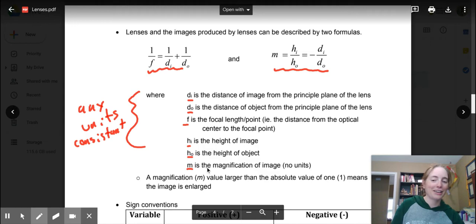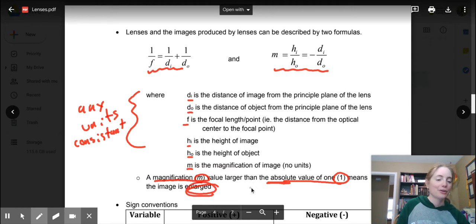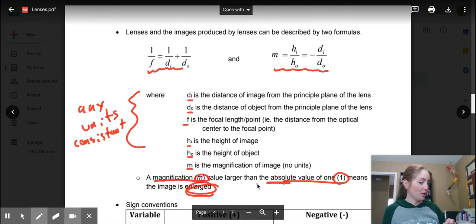And m is the magnification, which is a unitless number. Now, if your magnification or m value is larger than 1, an absolute value of 1, it's going to be an enlarged image. Or if it's smaller than 1, it is going to be a reduced image.